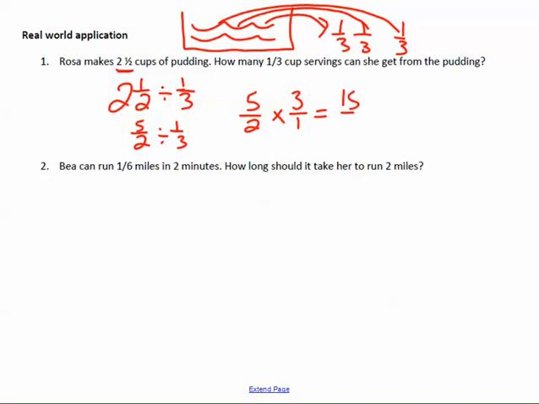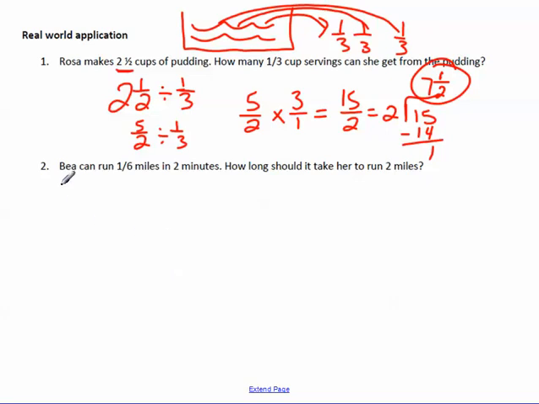That gives me 15/2. Divide. That goes in there 7 times. 1 is left over. Keep your remainder on top, keep your same denominator. So she can have 7.5 servings.